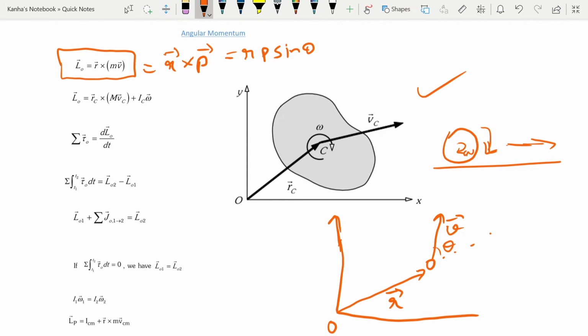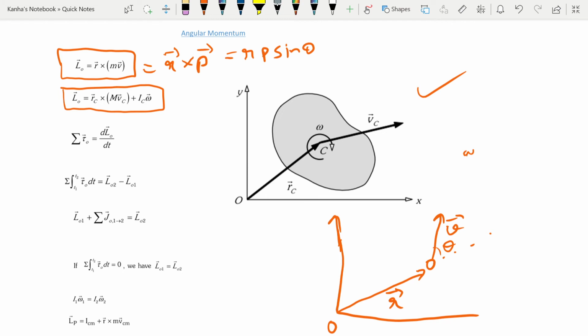So in order to analyze the motion of this ball, my angular momentum is given as r into the momentum of my center of mass, plus my moment of inertia into omega. So for a general plane motion, we have equation number 2, equation number 1.